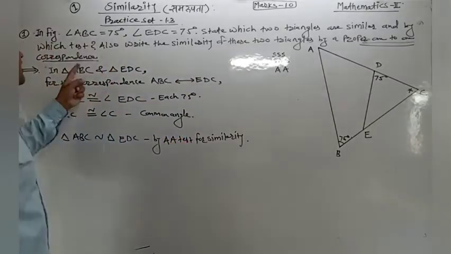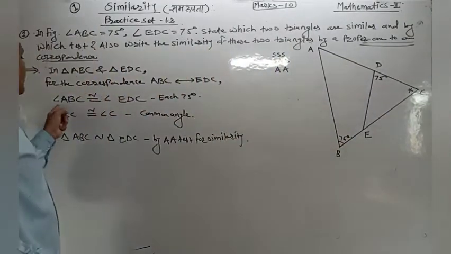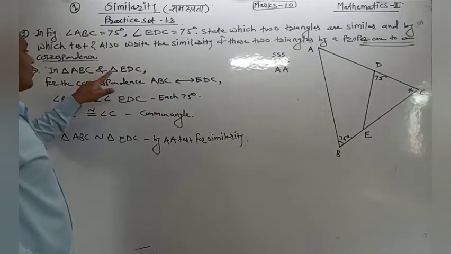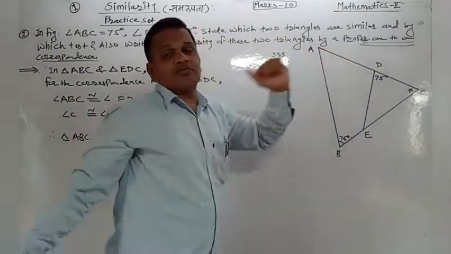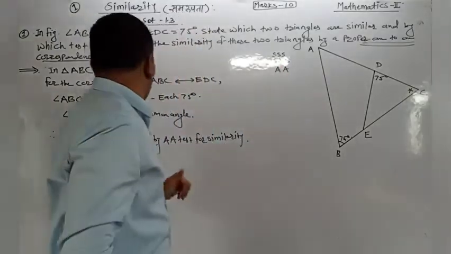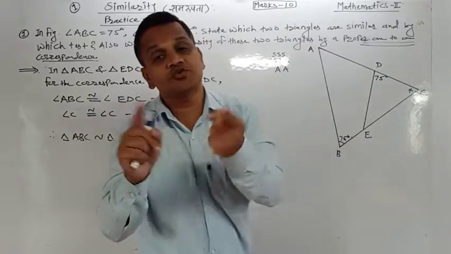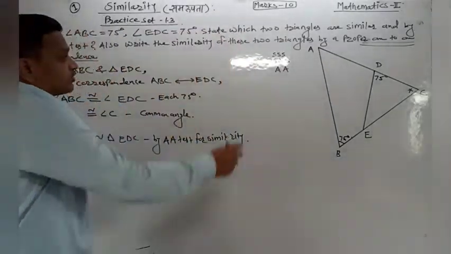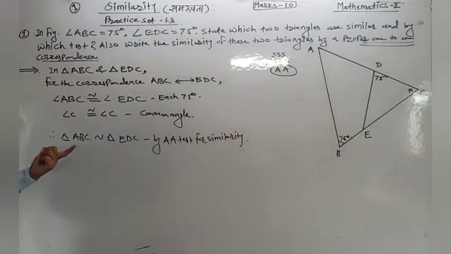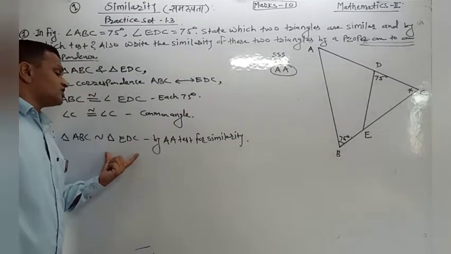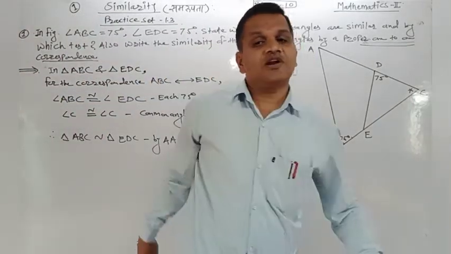Now in triangle ABC and triangle EDC, angle B is congruent to angle D, each 75 degrees, because it is given in the figure. Understand? And angle C is congruent to angle C because angle C is common between the two triangles. So therefore, by using double A test of similarity, we have proved that these two triangles are similar. Triangle ABC is similar to triangle EDC by double A test of similarity. Understand? Pause the video and write the answer.